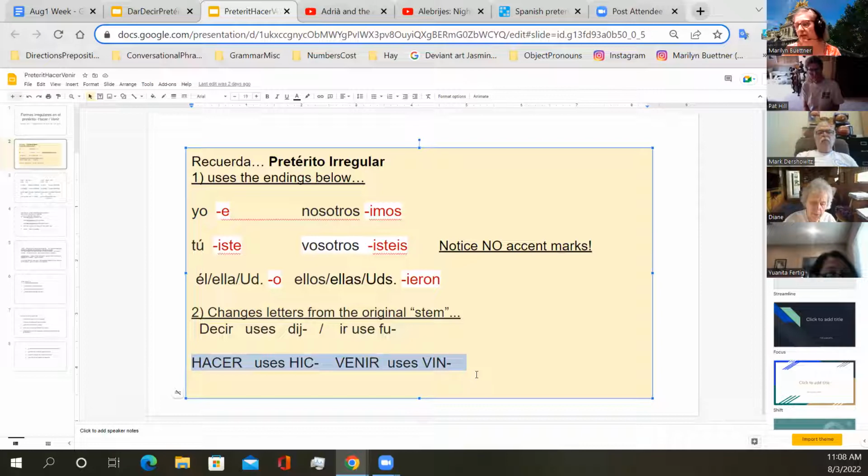But the stem thing will be weird. Hacer, H-A-C, will change into H-I-C. Ooh, except there's going to be one that doesn't. And then venir is going to turn into V-I-N, vin. So the stem change will be hic and vin.